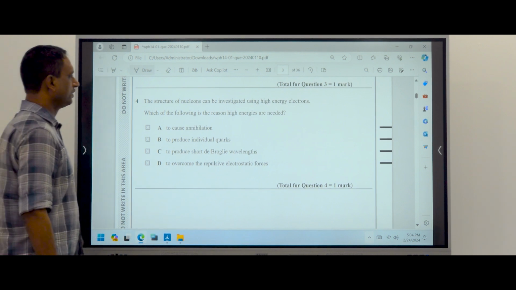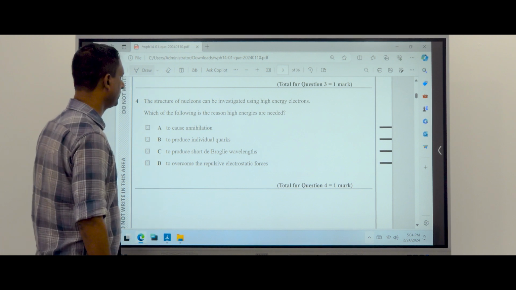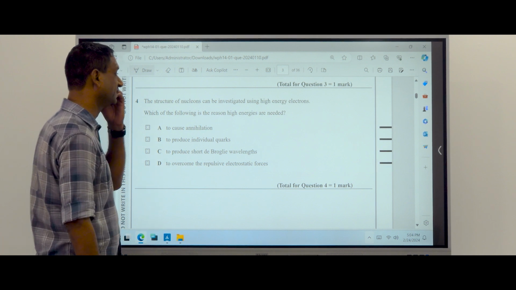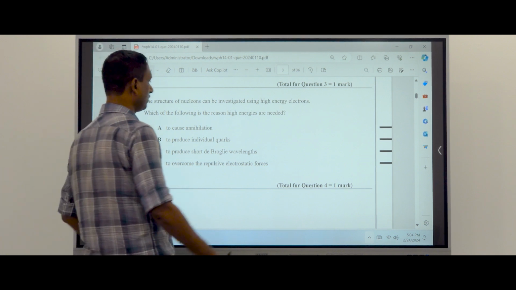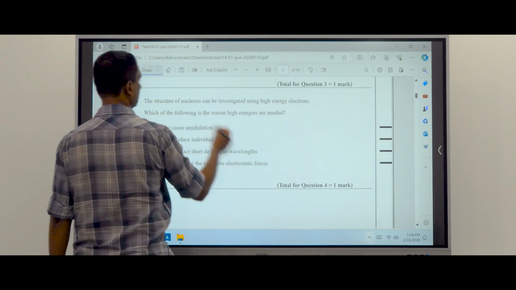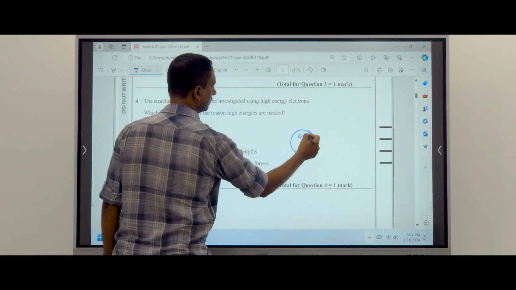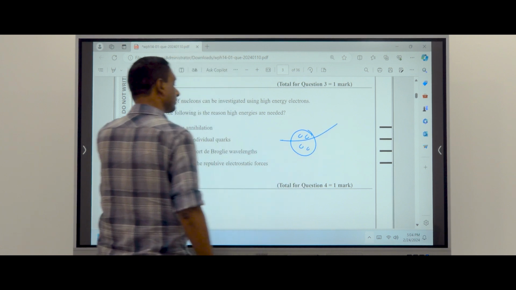The structure of nucleons can be investigated using high energy electrons. Which of the following is the reason high energies are needed? When finding the structure of a nucleon, diffraction is observed.